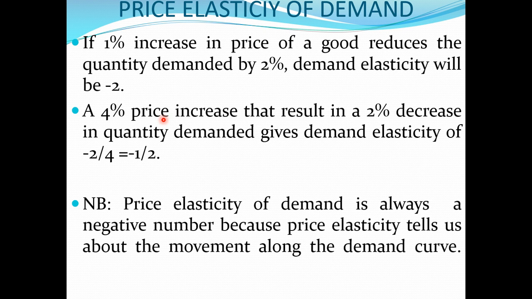Even before we finish the statement, we know that since there's an increase in the price, quantity demanded is expected to reduce, right? So a 4% price increase that results in a 2% decrease in quantity demanded is going to give us an elasticity of, so let's go back to the question.